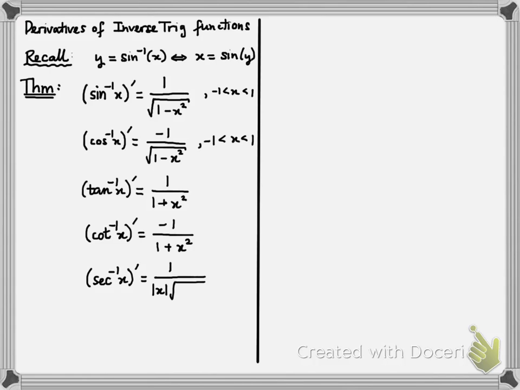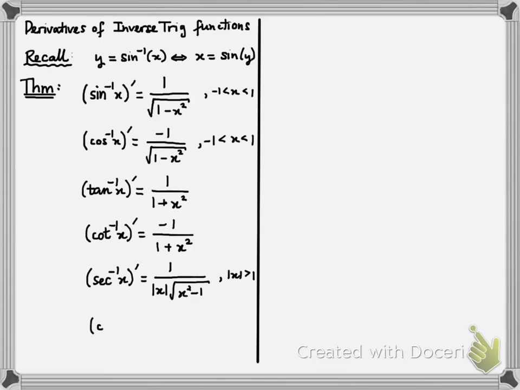The fifth formula is the derivative of secant inverse, and this looks a little bit complicated. It is 1 over the absolute value of x multiplied with square root of x squared minus 1, and the restriction on x is that the absolute value of x must be greater than 1, to make sure that the square root is defined and the denominator is not 0.